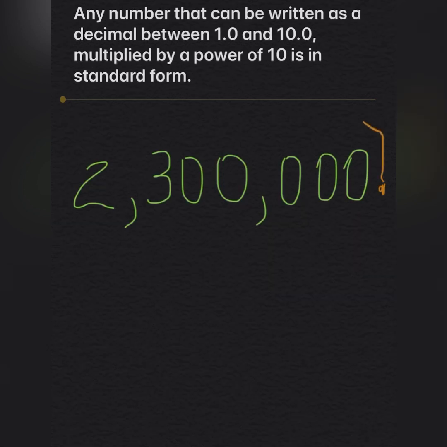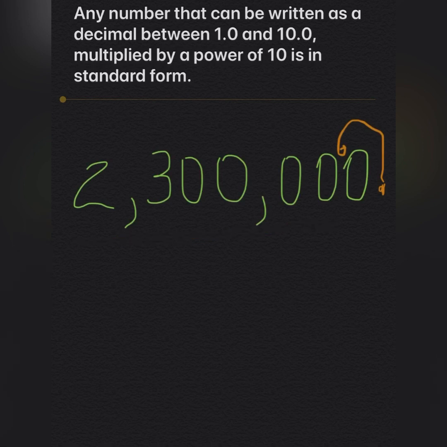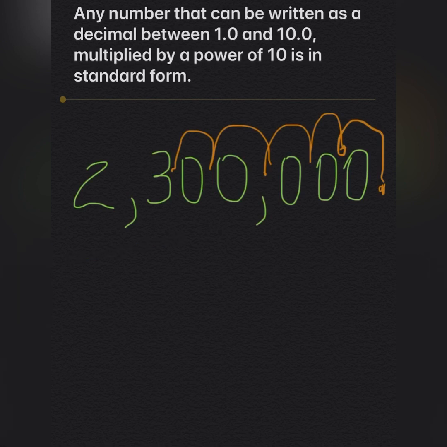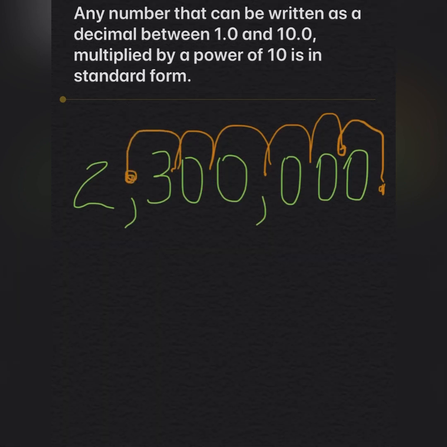This is still greater than 10, so we move again. 2,300 is still greater than 10, so we move again. 23 is still greater than 10, so we move again. Now we have 2.3, which is less than 10 but greater than 1.